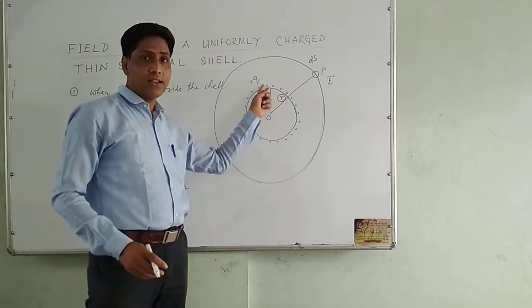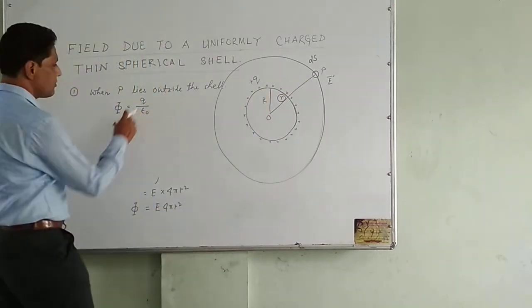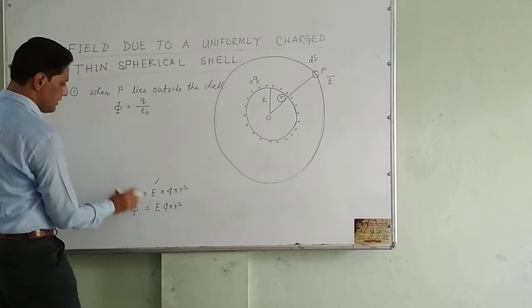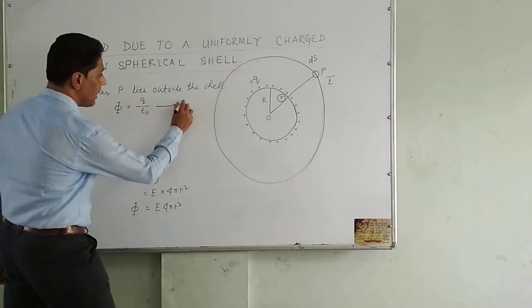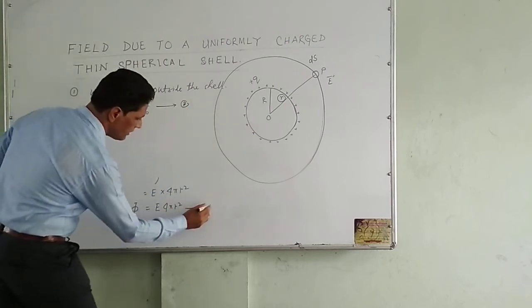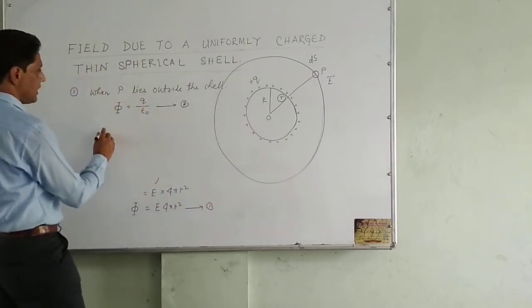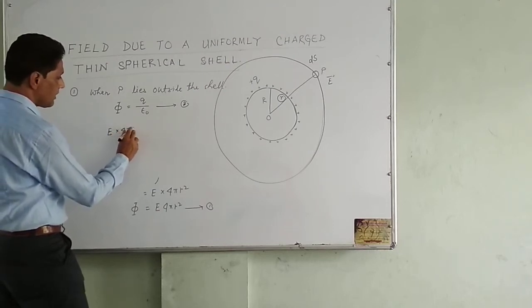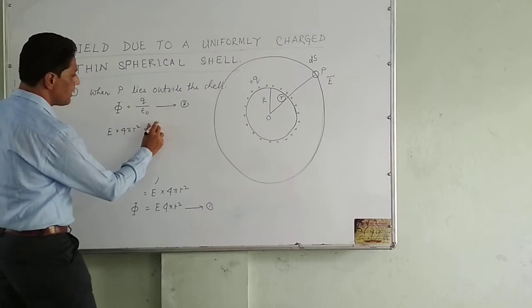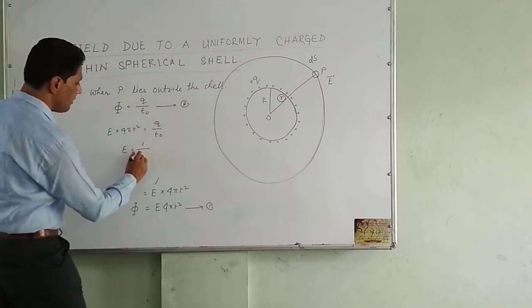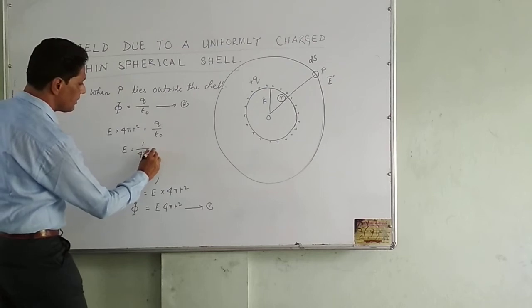So this phi and this phi are the same. If you compare these two, you will find E into 4 pi r square equals Q by epsilon naught. So E is equal to 1 by 4 pi epsilon naught Q by r square.